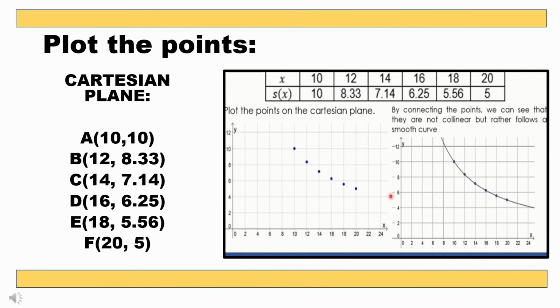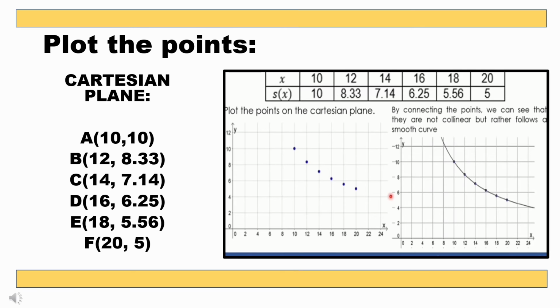So we are now going to plot the points on the Cartesian plane. So we have here point A, point B, point C, point D, point E, and point F. That is what you call our ordered pairs. So let us plot the points on the Cartesian plane. First, let us identify what your x's are. Your x's are 10, 12, 14, 16, 18, and 20.